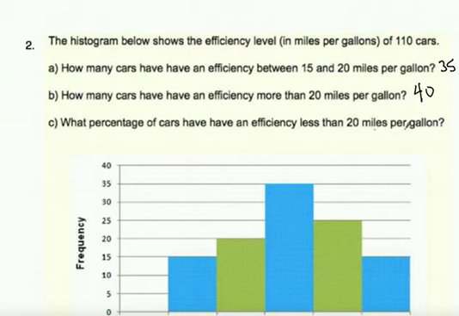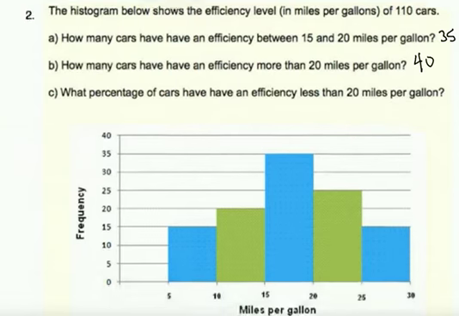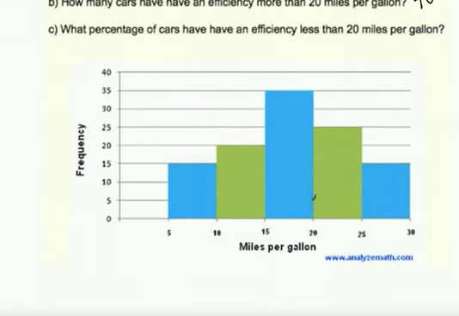What percentage of cars have an efficiency less than 20 miles per gallon? So this starts at 20. We would do 35, 20, and 15. We would say that 15 and 20 make 35, and 35 plus 35 is 70.